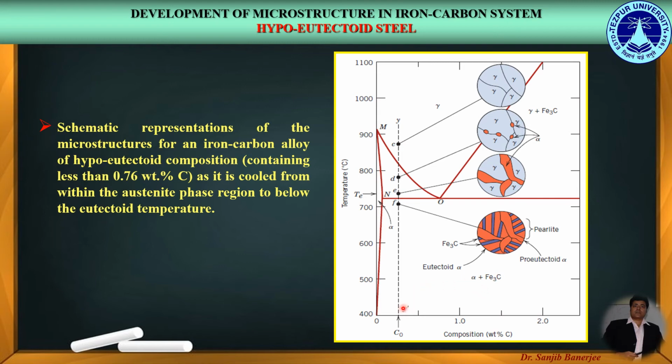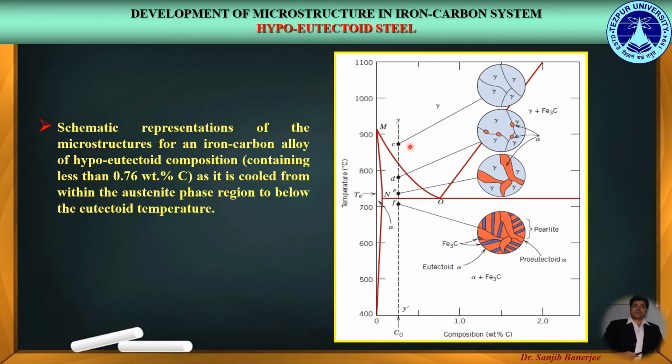So we are cooling down this hypoeutectoid steel from point C. At point C we are in the uniform austenite or gamma phase. So we can see the microstructure in this particular inset, where we can see the uniform austenitic grains.